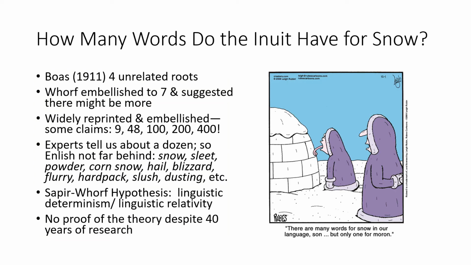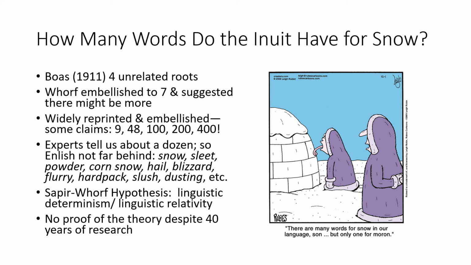So Boas, in his 1911 description of Inuit languages, claimed that there were 4 unrelated roots for snow, for different kinds of snow. Benjamin Lee Whorf, who was a student of Sapir's, although an amateur language person, not a trained linguist, actually worked for an insurance company, but he was totally captivated by language.